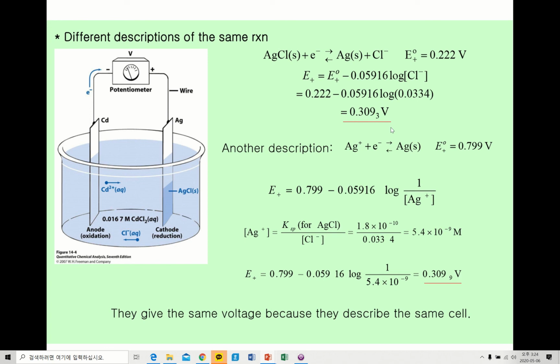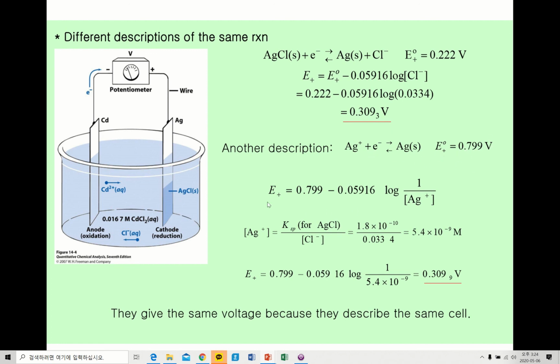Do you understand? But here is another way to calculate the potential of a silver electrode. First, we consider silver ion accepting an electron to become silver metal, and from the appendix we know the standard reduction potential for this reaction is 0.799 volt.